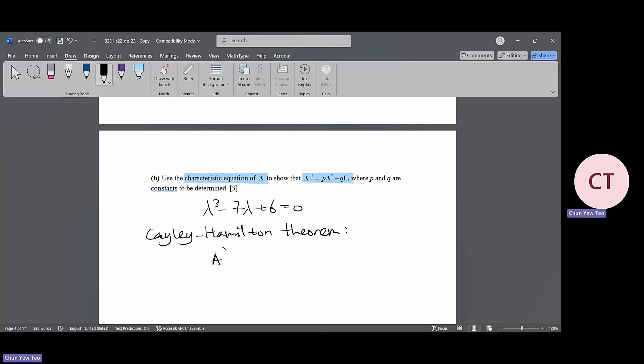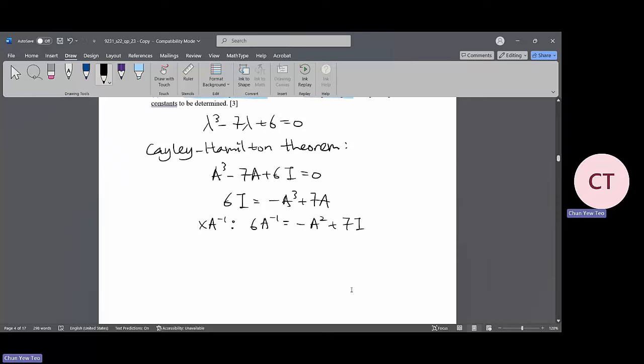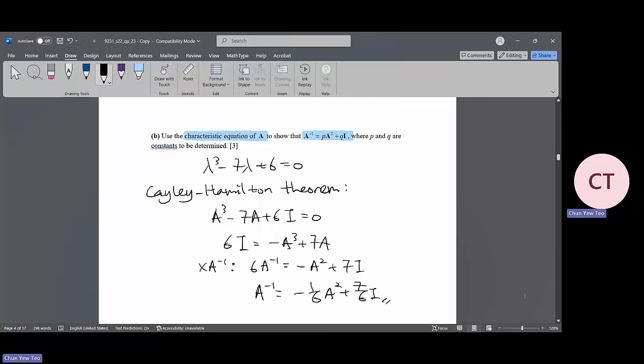You get A cubed minus 7A plus 6I equal to 0. Then 6I is equal to negative A cubed plus 7A. In order to get A inverse, you multiply by A inverse. 6A inverse is equal to negative A squared plus 7I. Then A inverse is equal to negative 1 over 6 A squared plus 7 over 6 I. Done. This is the answer for number 3B.